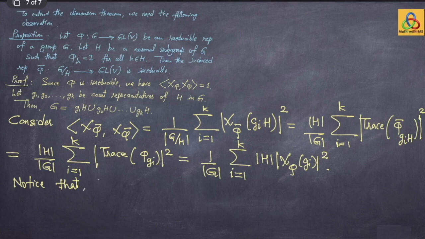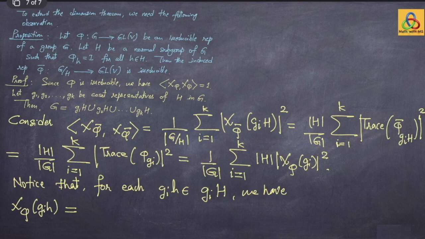Okay, now notice the following. For each element gi times h in this coset giH, we have chi phi of gih by definition is the trace of phi of gih, which is the same as trace of phi gi into phi of h, because phi is a homomorphism.